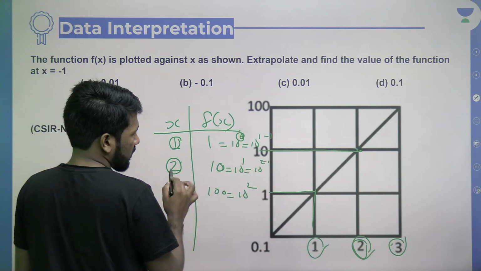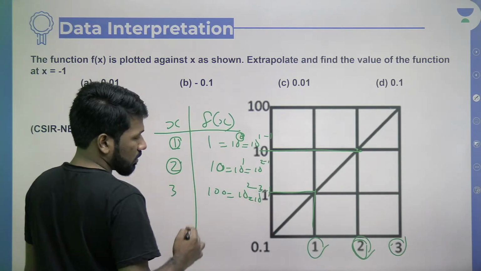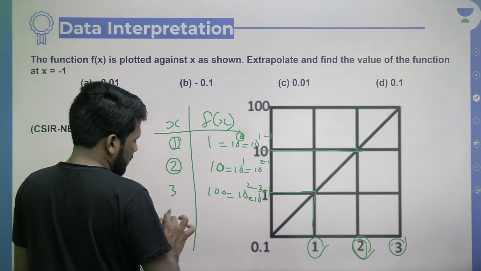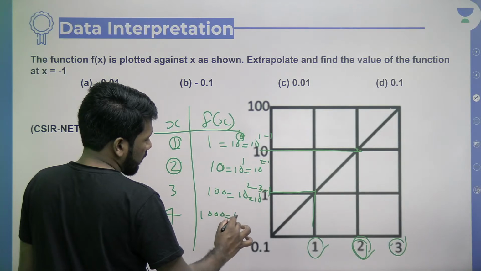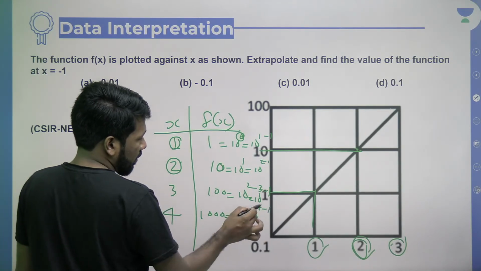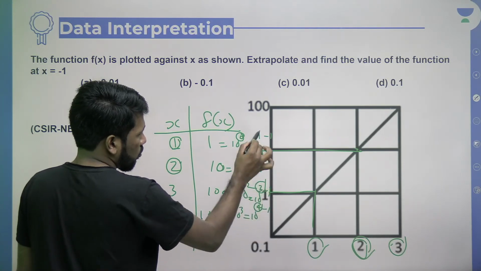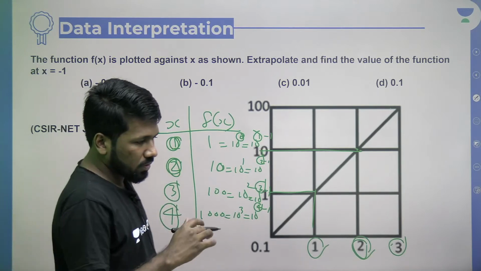As 2 is x, 2 minus 1. This is 10 raised to 3 minus 1. Are you all understanding? So for example, if there was 4 here, 1000 would be the value. That is 10 raised to 3, which is nothing but 10 raised to 4 minus 1. Look at this, 4, 3, 2, 1.